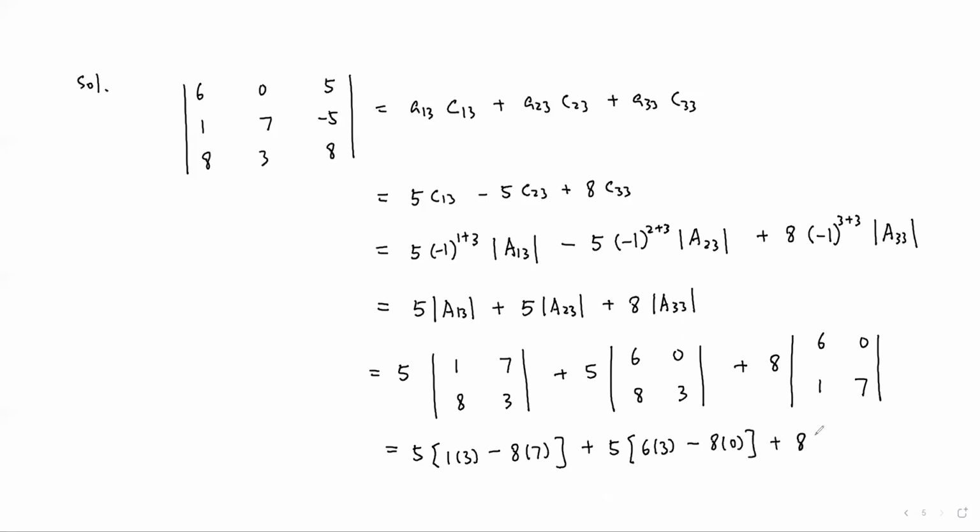Then plus 8 times 6 times 7 minus 1 times 0. Then with a calculator, we get 161, the same number as the number obtained in example 1.